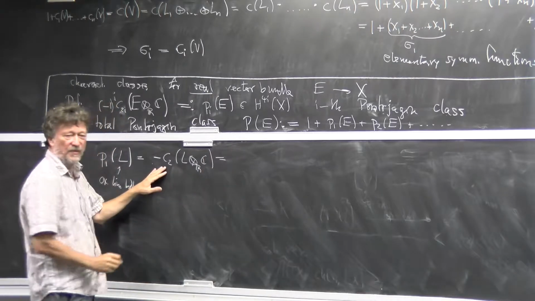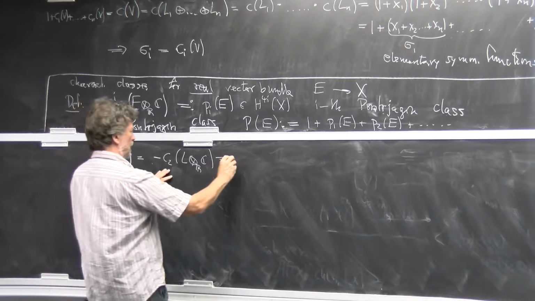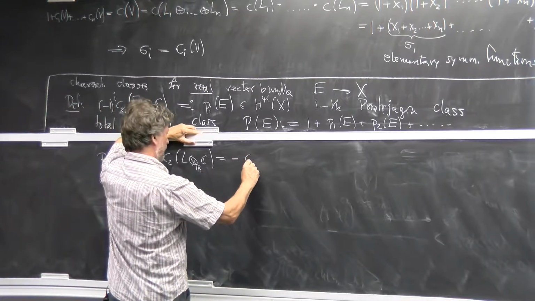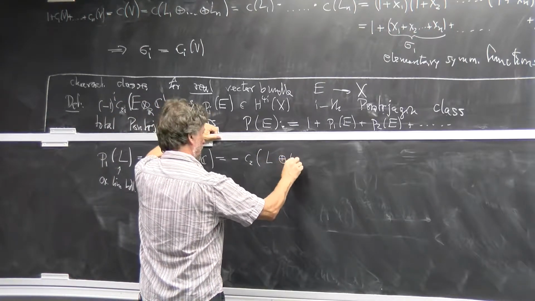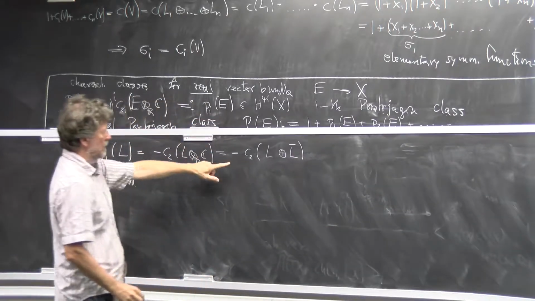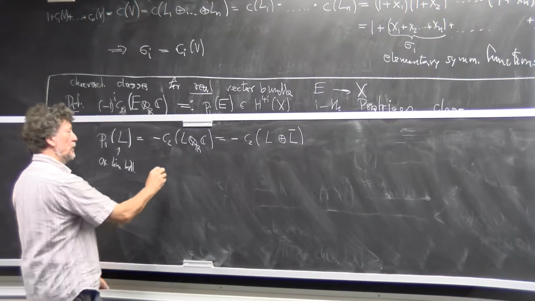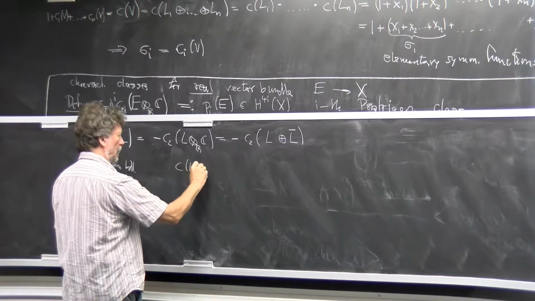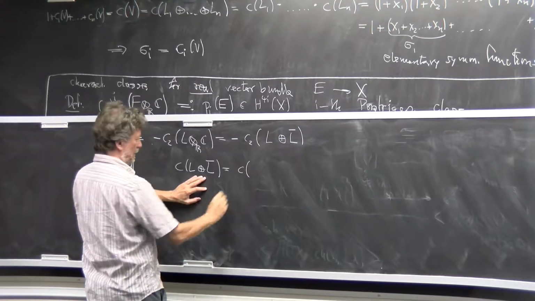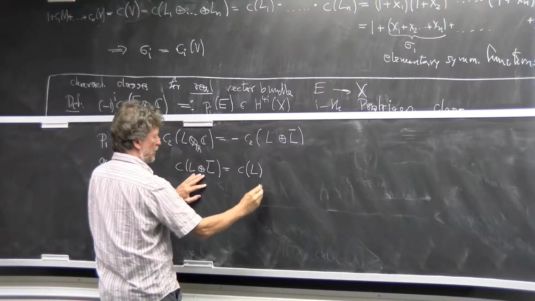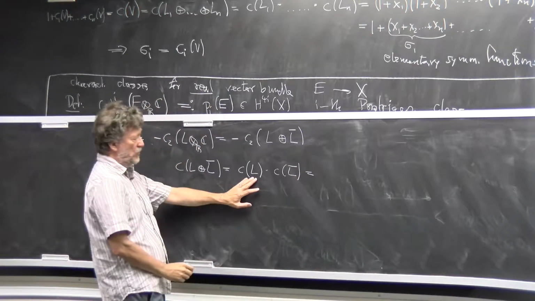And if you think about the complexification of a line bundle, that's that line bundle plus its dual, right? So it's minus the second Chern class of L plus its dual. To calculate the second Chern class, it may be easier if you write down the total Chern class of L plus L bar. By the exponential property, it's the total Chern class of L times the total Chern class of L bar.